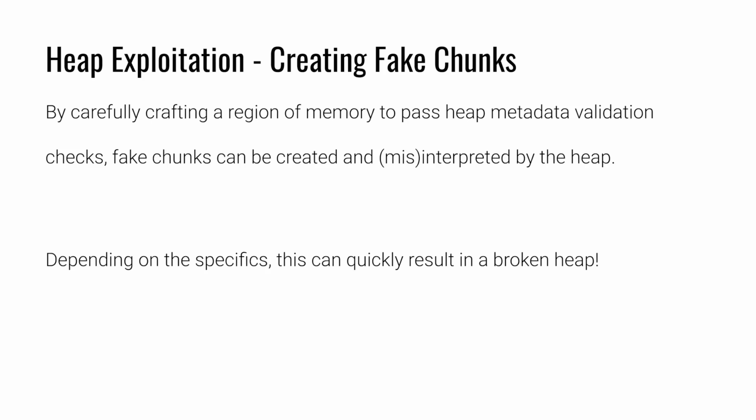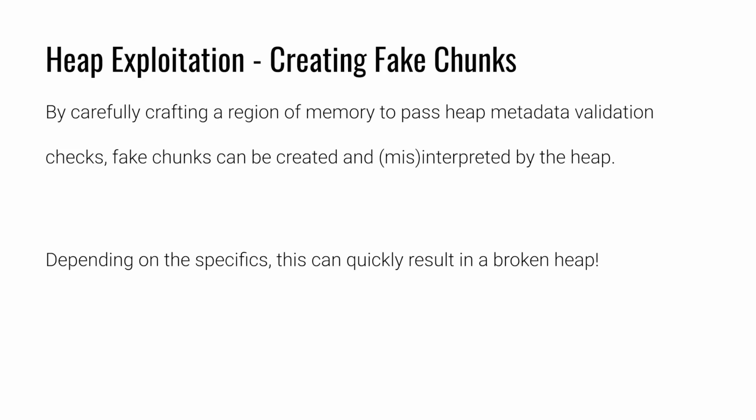There may be something that requires those pointers as well. But you could just write out memory so that it looks like heap metadata. Then, if you can corrupt existing heap chunks, you can get the heap to interpret your little region of memory as if it were the metadata of a heap chunk.